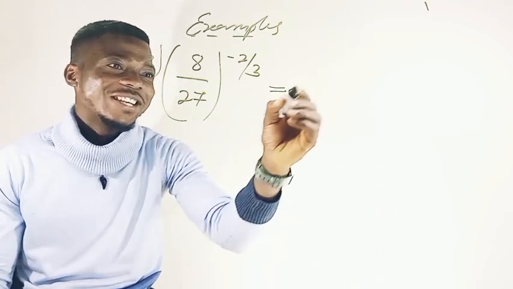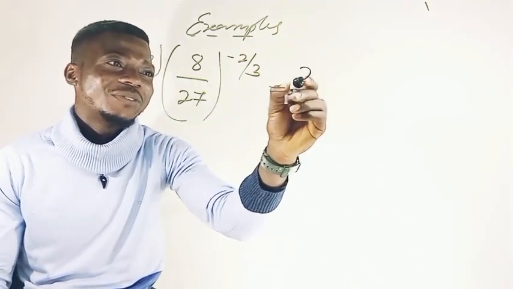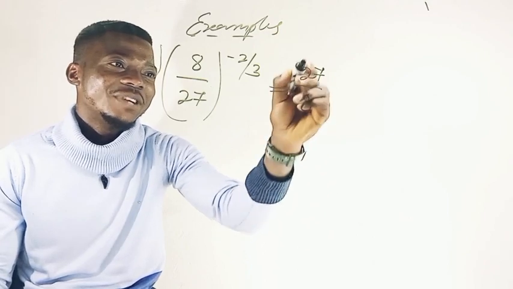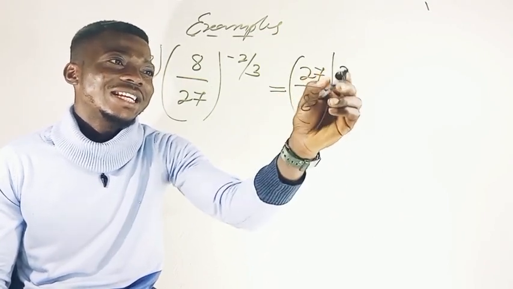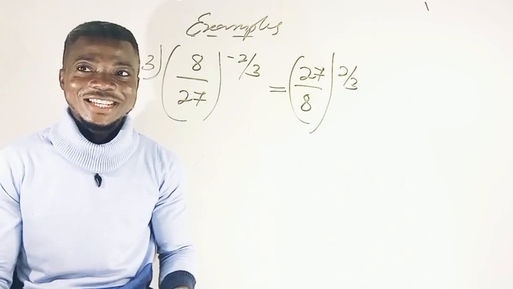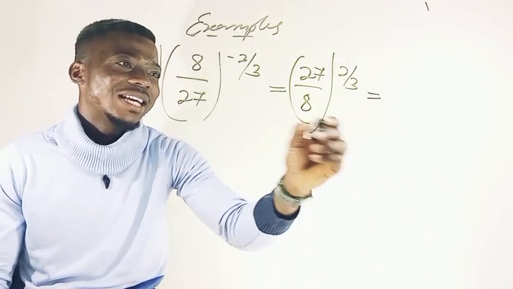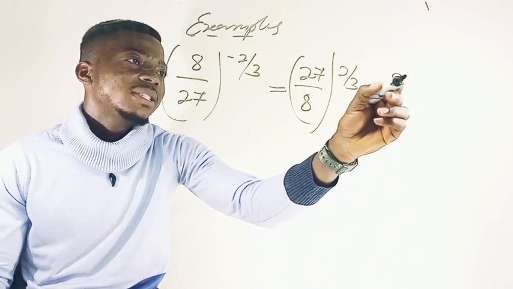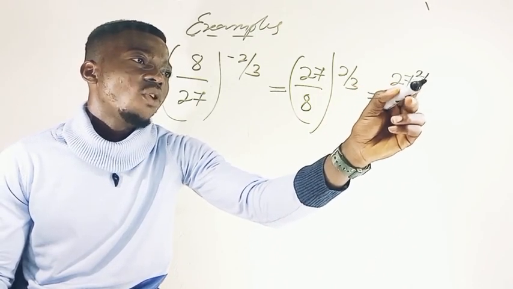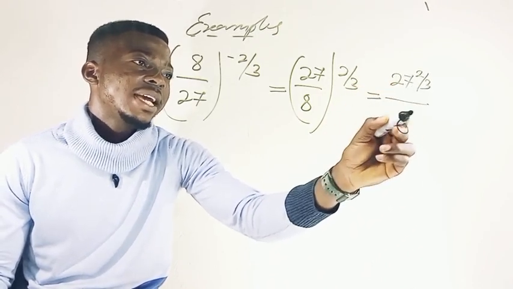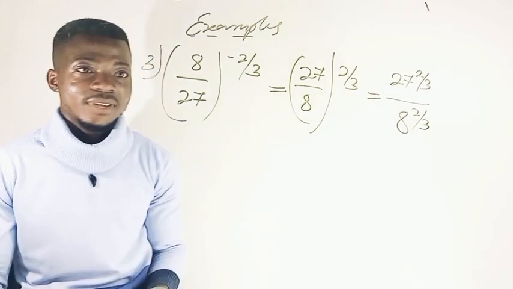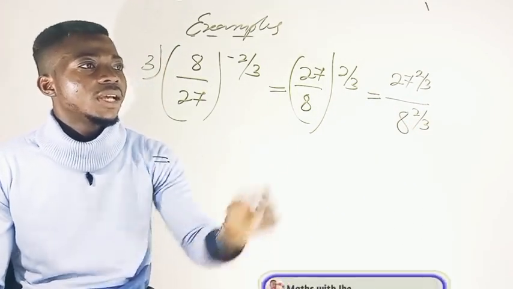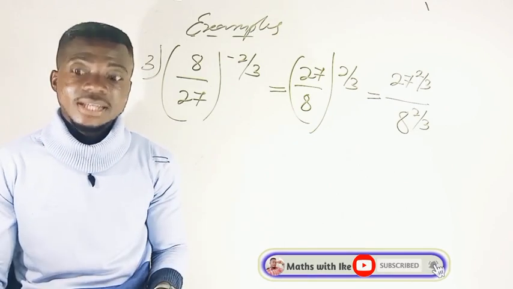I know. Okay, so we turn it upside down. We have 27 over 8, all exponent 2 over 3. Now that can be written in index form.